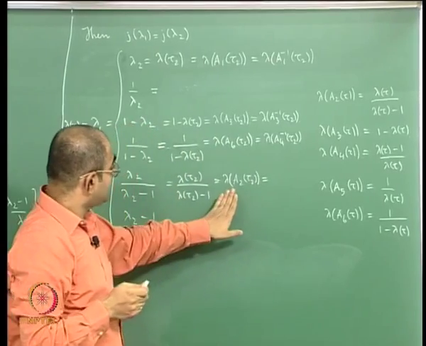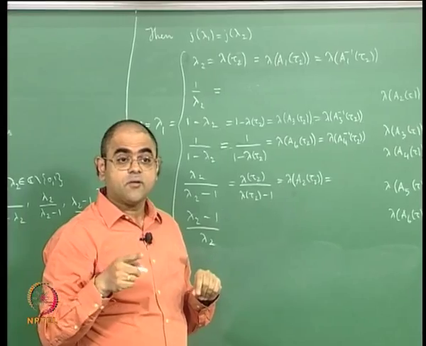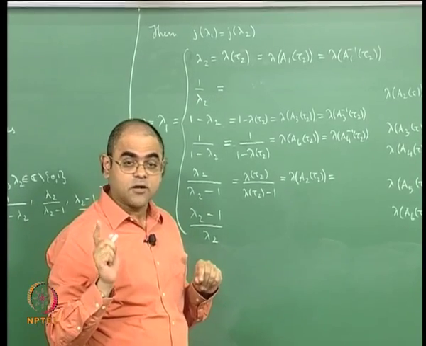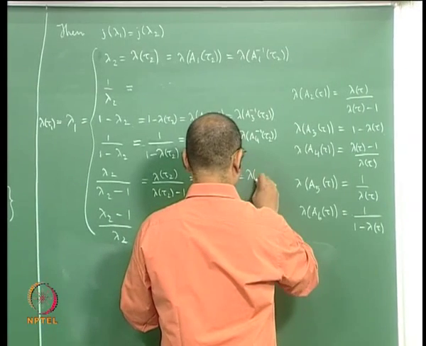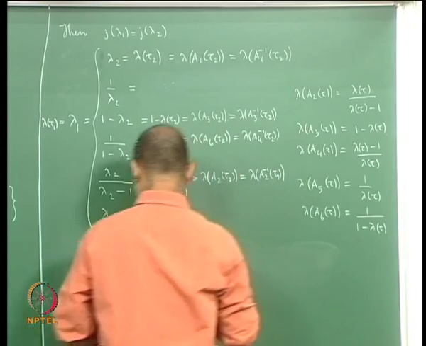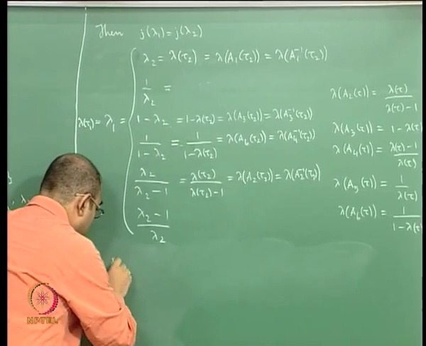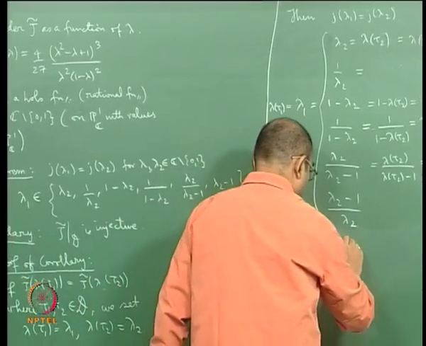And now I want to say this is also equal to lambda of a2 inverse of tau 2, because a2 squared is congruent to the identity mod 2. I owe you an explanation here. A2 of tau is tau plus 1.